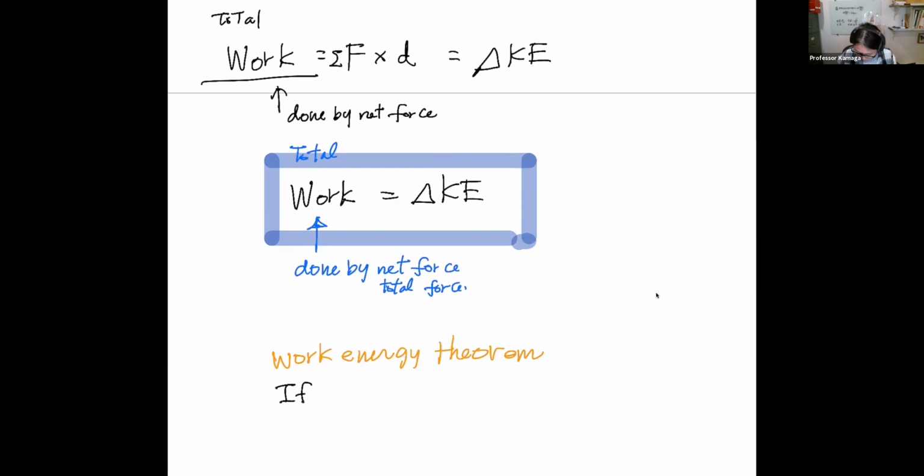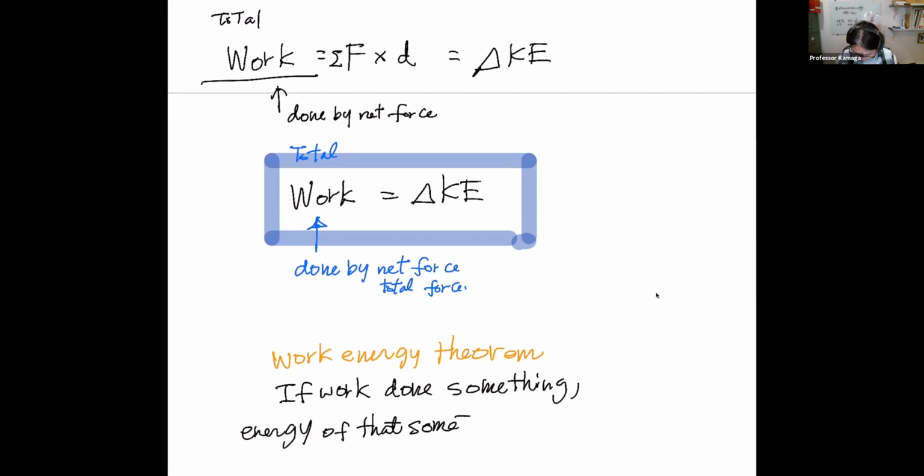If work is done on something, the energy of that something changes.